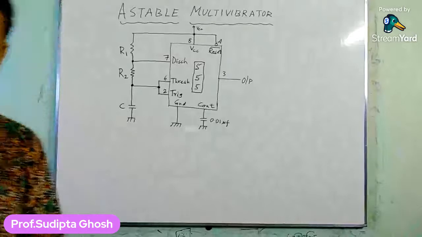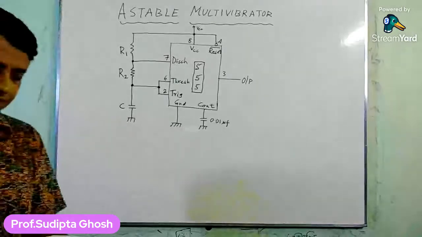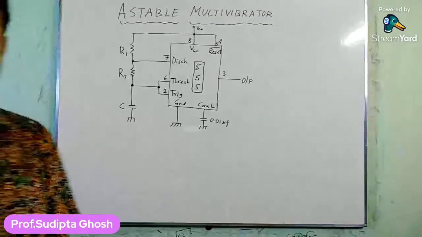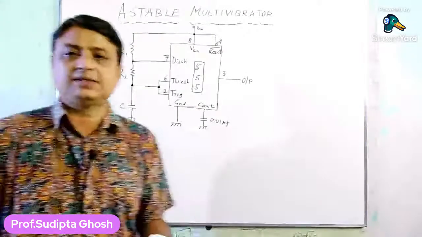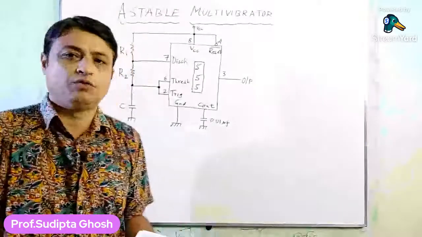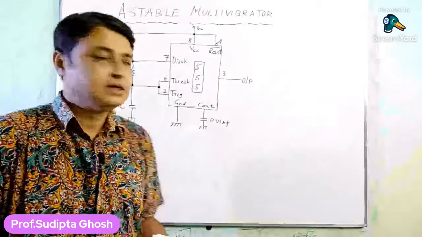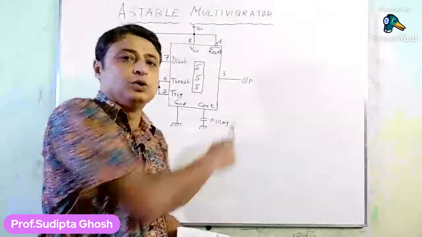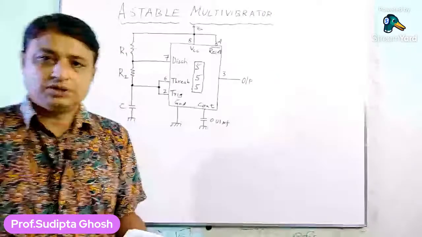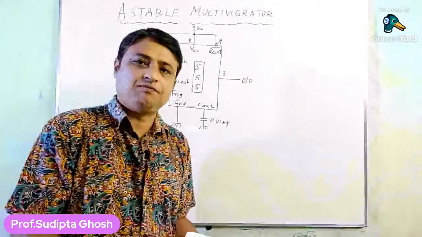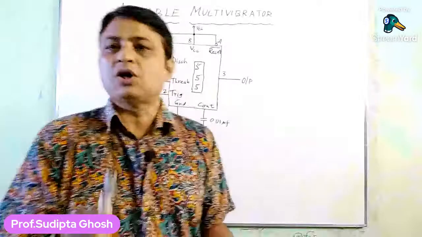Okay. So proceeding further, what we have learned is that at the initial stage of the circuit, at time t equals 0, when the circuit is switched on, the 555 timer output is high. As the output goes high, the RS flip-flop output Q is also high.